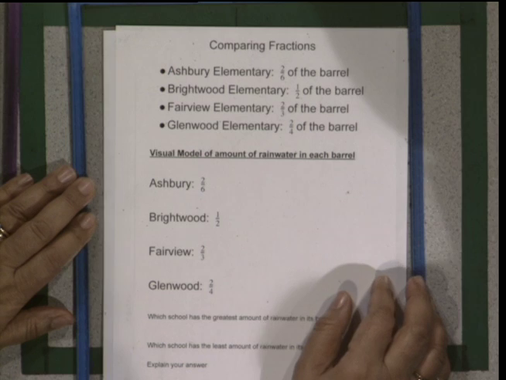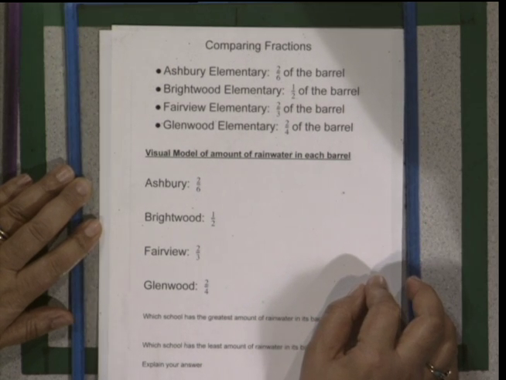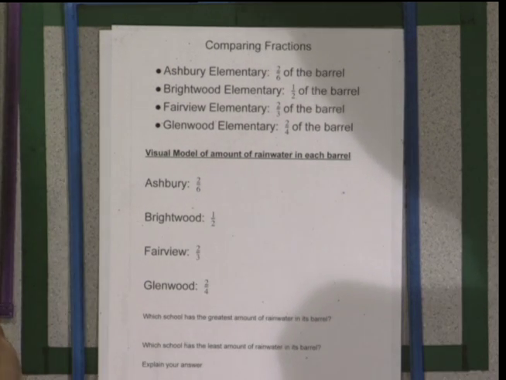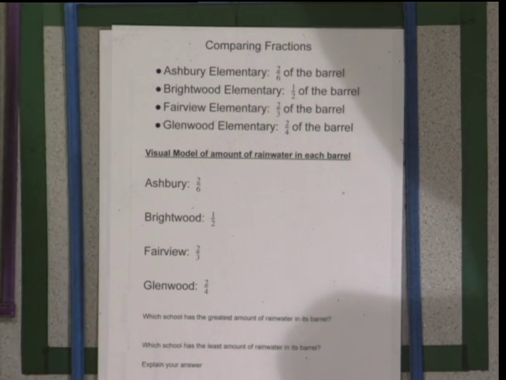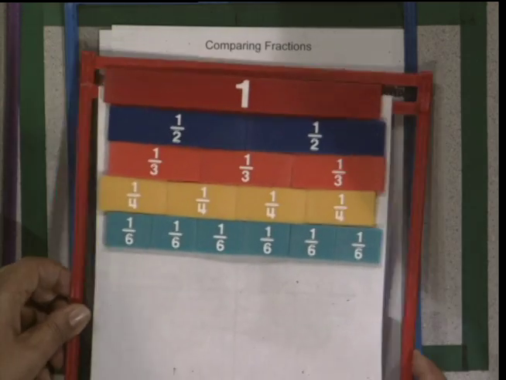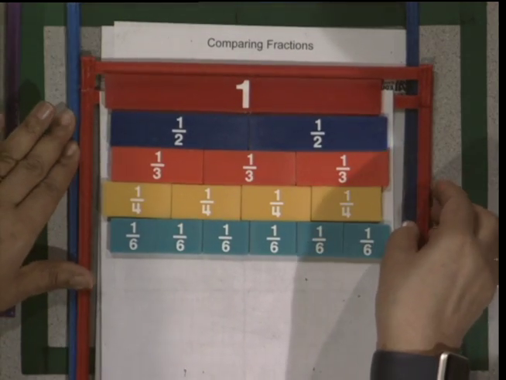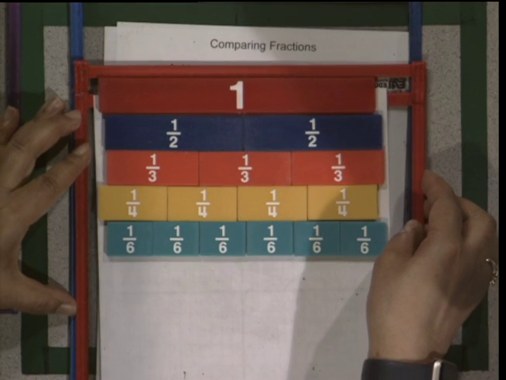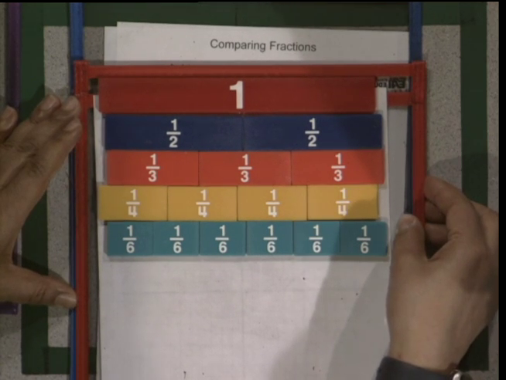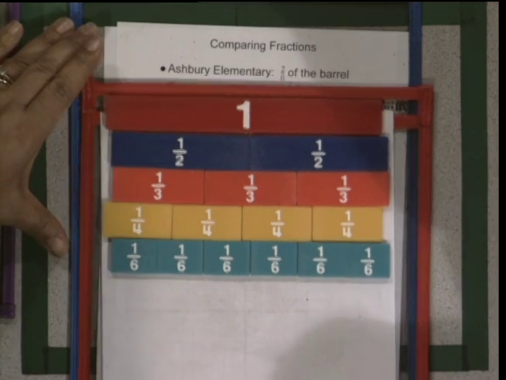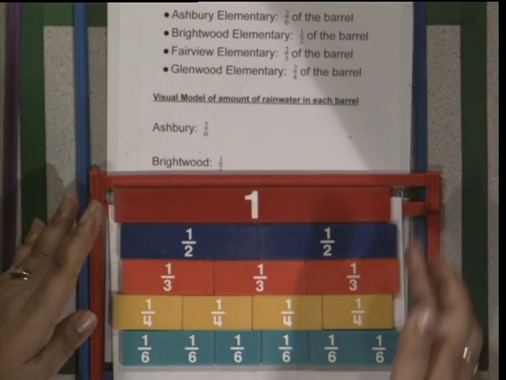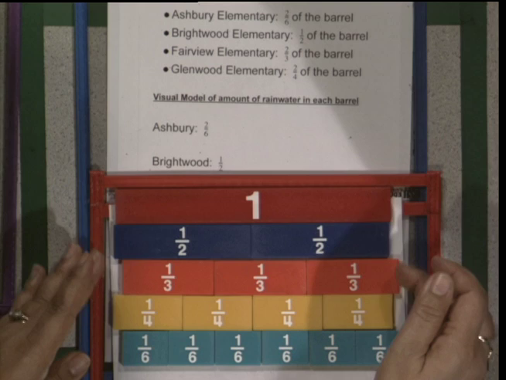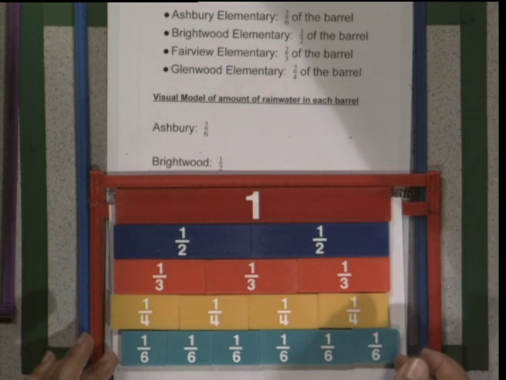We know that we are comparing the amount of rainwater in each of the barrels. And so we are going to use a visual model to represent the amount of rainwater for Ashbury, which is 2/6. I am using some fraction tiles to support our reasoning today. When we use a visual model, it helps us to see how to solve the problem. Ashbury has 2/6, so I have my fraction strips that represent each of the fractions.